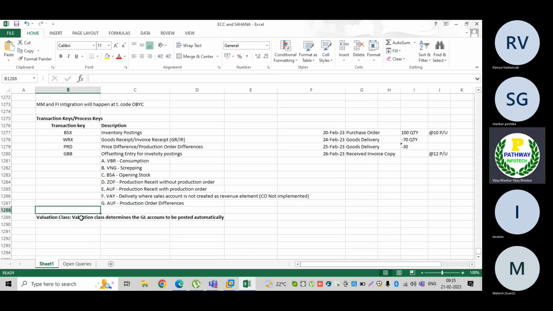Then how can you differentiate the raw materials? Based on raw material, however you want, you can differentiate the valuation classes. If you want a separate valuation class for your local purchases, you can have one. If you want a separate valuation class for your import raw materials, you can have that too.